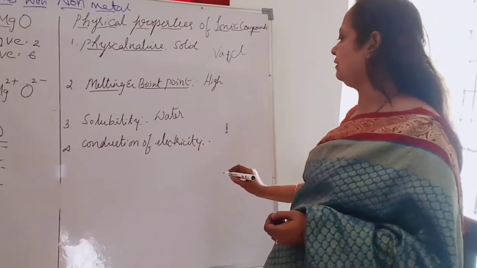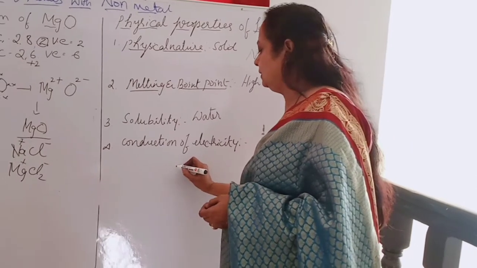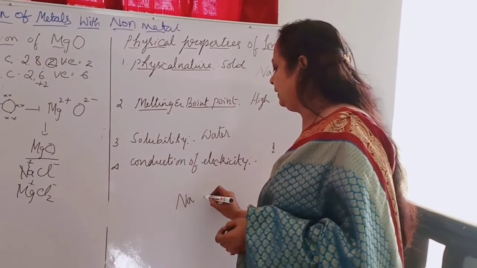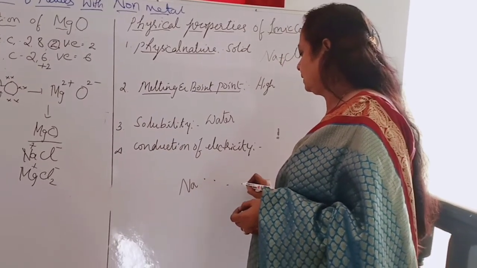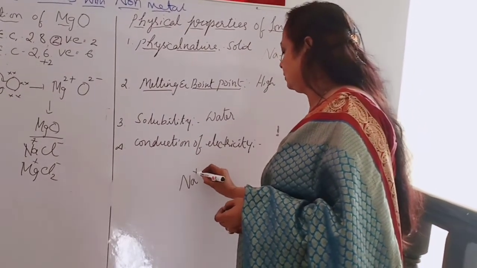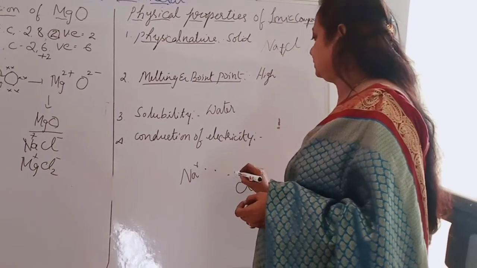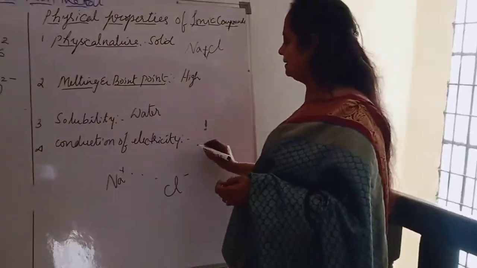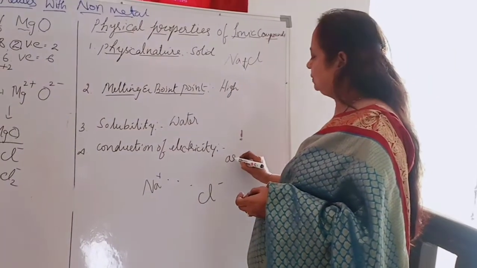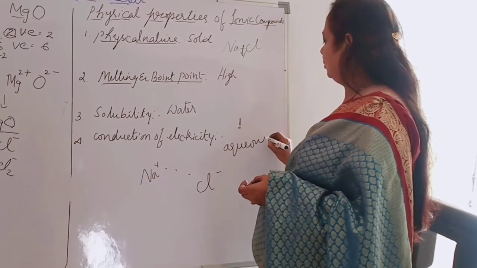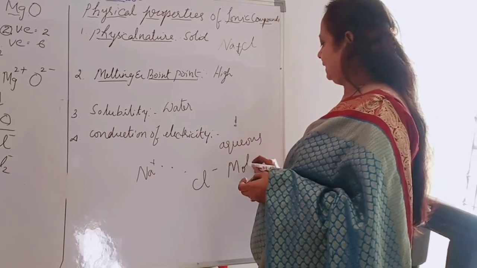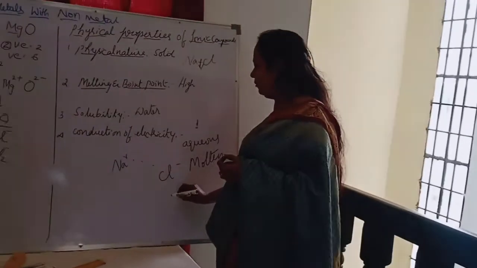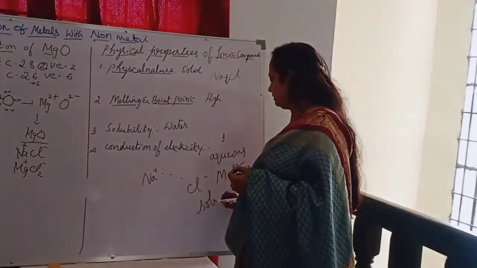Now, conduction of electricity. They are good conductors because of movement of free ions. They conduct only in aqueous solution or in a molten state, but not in a solid state.